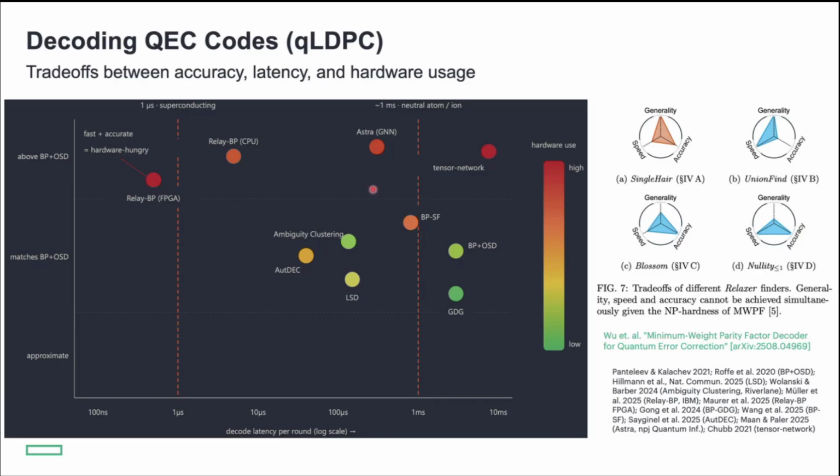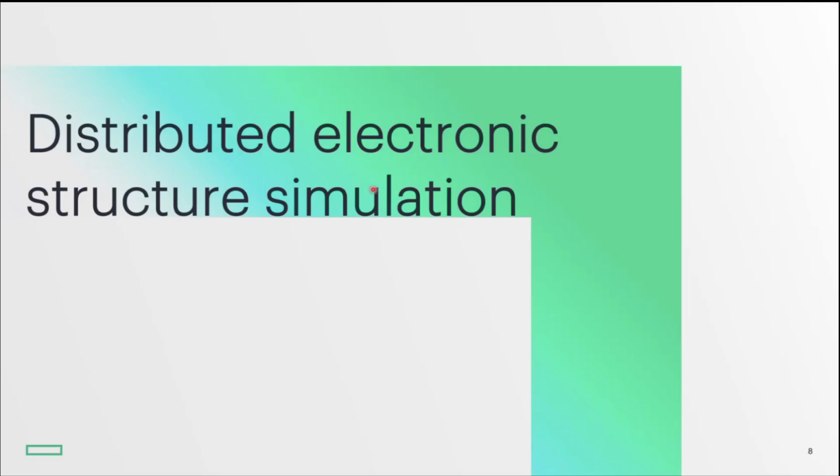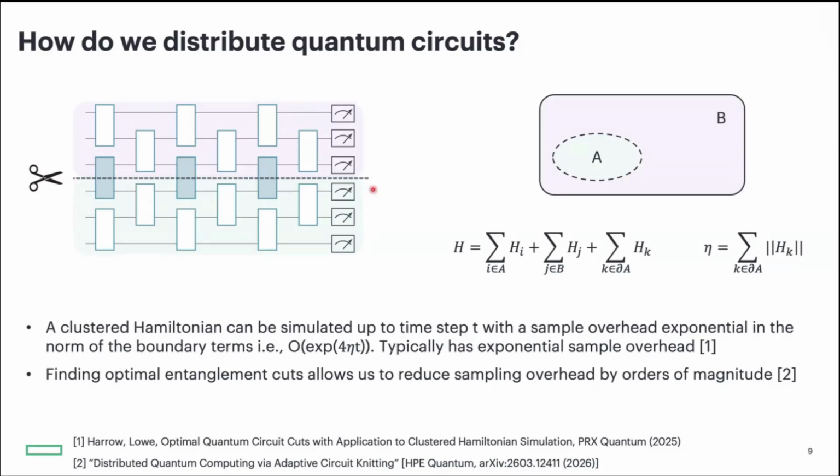All right. So with this preamble, I'm now happy to get into my talk, and the first application instance I have in mind is distributed quantum chemistry, in particular electronic structure simulation. Right? So the first question you must ask yourself is, how do you actually distribute quantum circuits? It doesn't seem that obvious at first glance, but there are roughly two types of techniques.